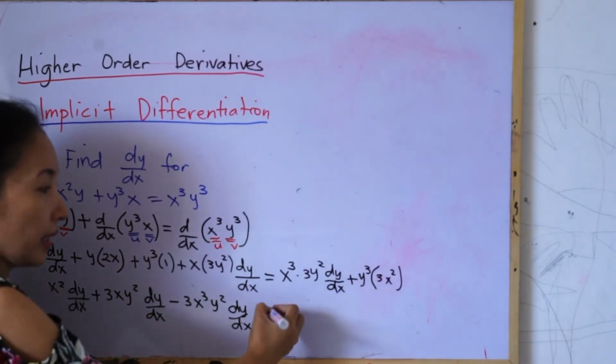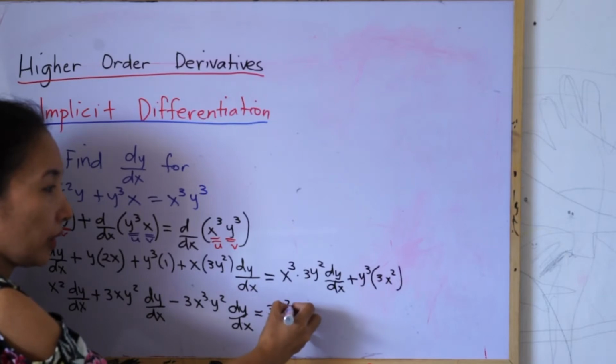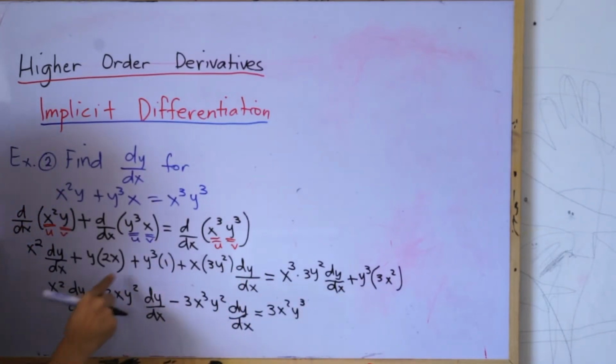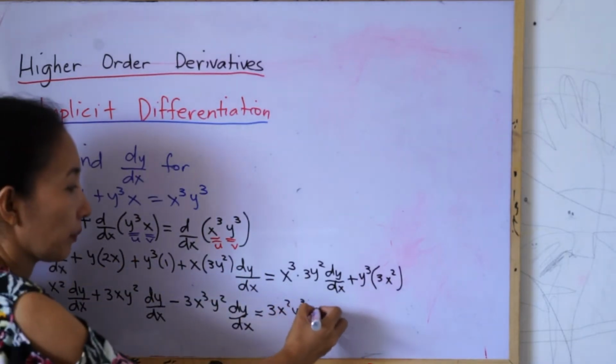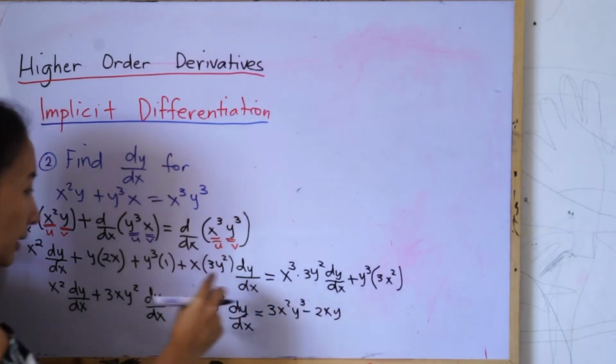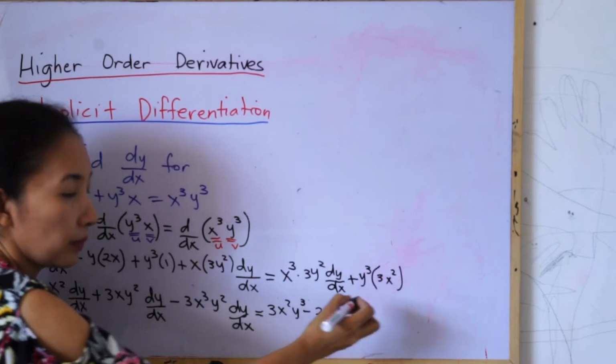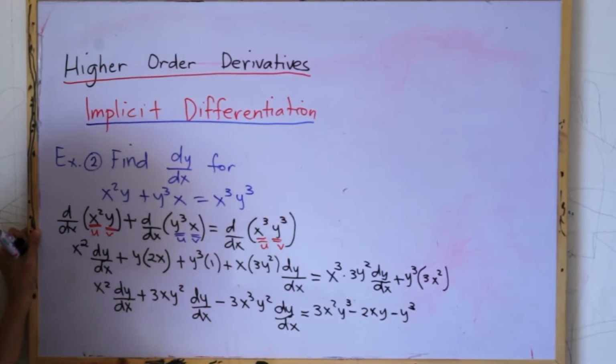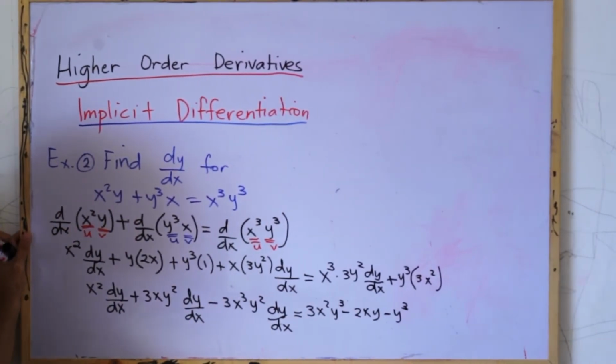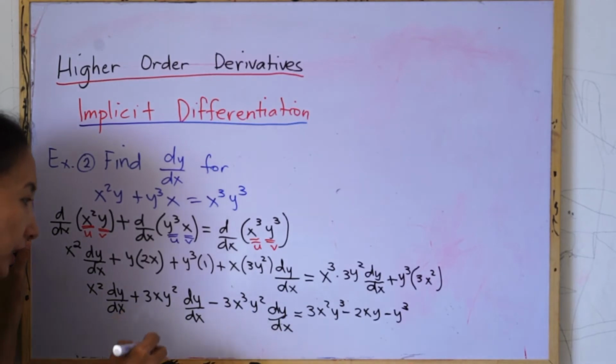Okay, this 3x squared y cubed minus 2xy minus y cubed. From here, what do we do next? Factor out dy over dx. Okay, so let's bring out dy over dx.